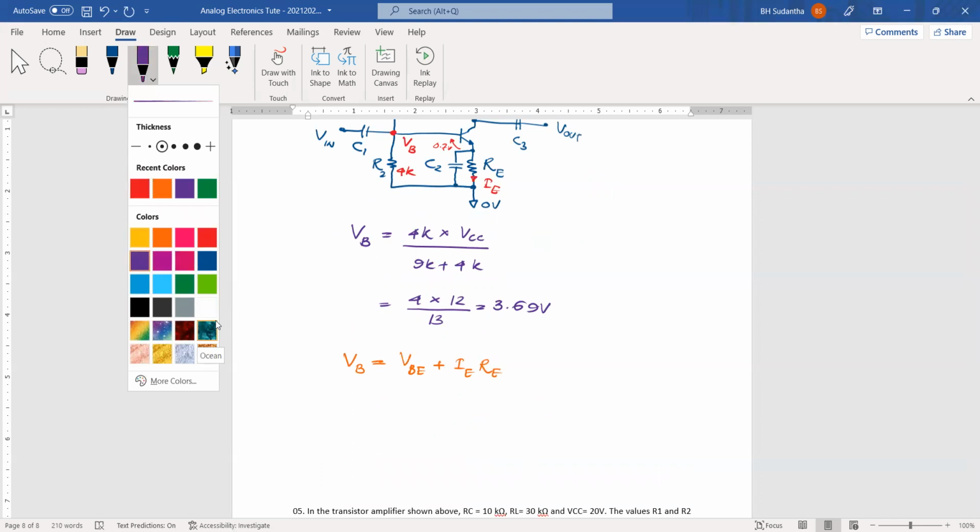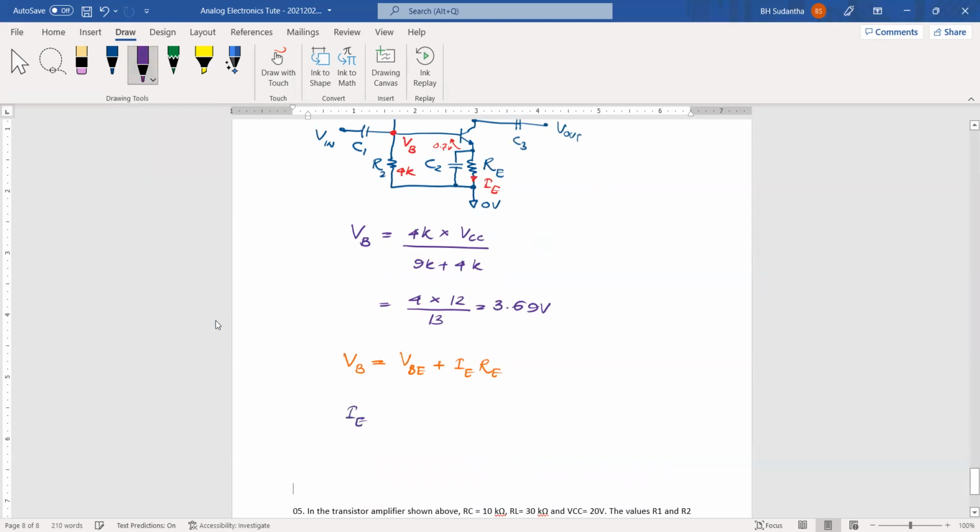Here with this equation, we can find IE equals VB minus VBE divided by RE.